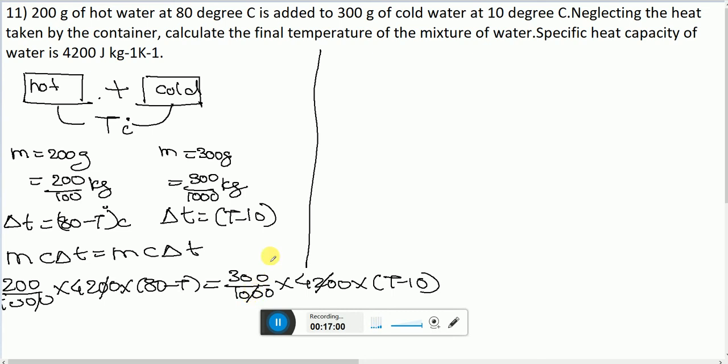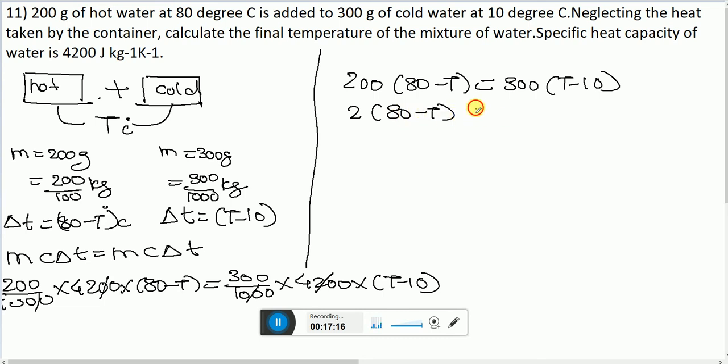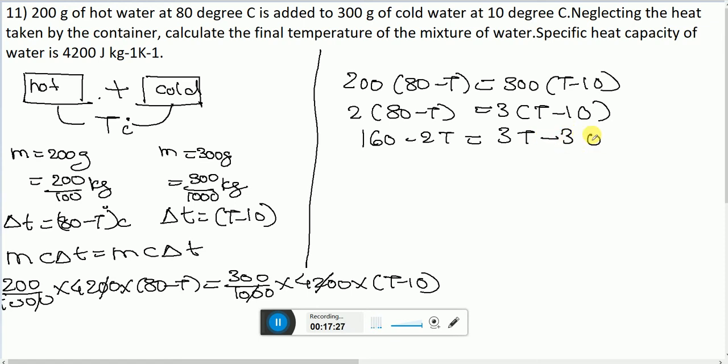1000 will also get cancelled. So we have 200 into 80 minus T and 300 into T minus 10, which can be written as 80 minus T and 3 into T minus 10, which is equal to 160 minus 2T and 3T minus 30.